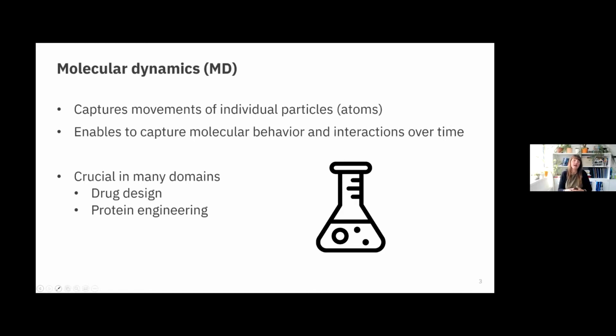molecules can take place. So molecular dynamics and these interactions between molecules are very crucial in many research domains related to molecular visualization. I'm just naming those which I'm interested in the most, and these are drug design and protein engineering.